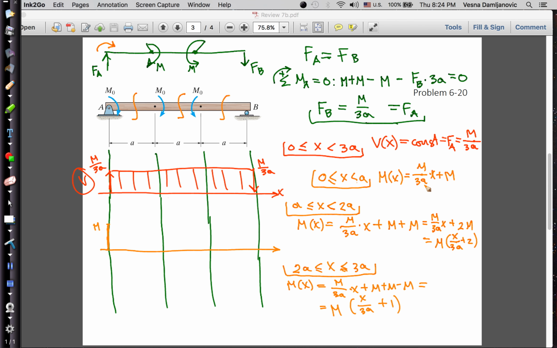Okay, and how did I get that? Because I'm supposed to have something a little different. So let's calculate it again. M over 3a times x and then plus m. When x is equal to a, this is 1/3 plus 3/3, which is 4/3. So I'm right, this should be a 4/3.